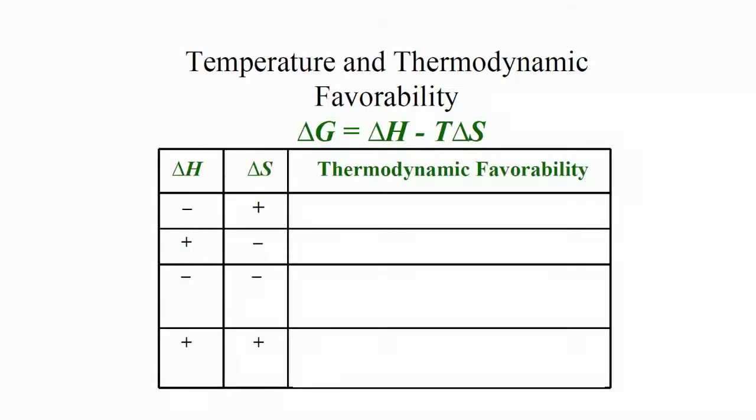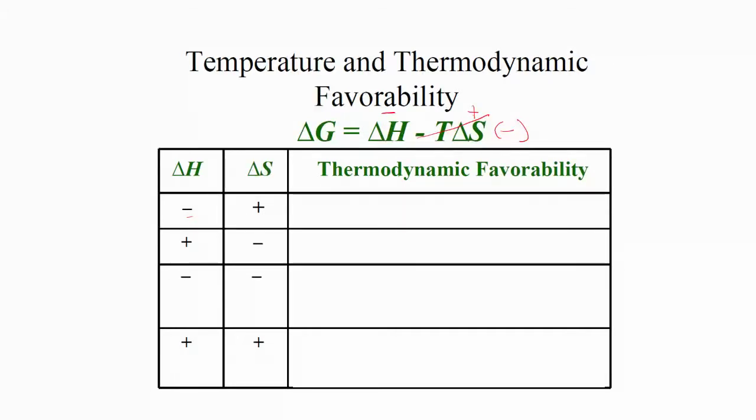So let's look at the favorability of reactions in relationship to the temperature. Again, our delta G equals delta H minus T delta S. If I have a negative delta H and a positive delta S, a negative T times a positive is overall negative.